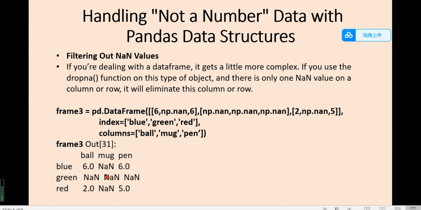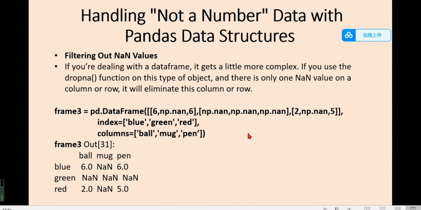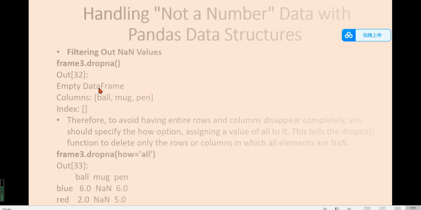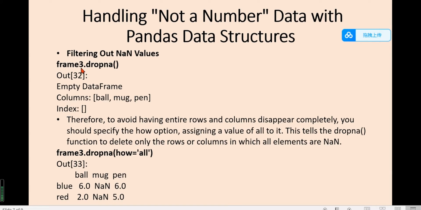You can see one row, a whole row of NaN, and one whole column of NaN. If we write this data frame .dropna, then the result will be empty, because any column or row with at least one NaN value will be removed wholly.